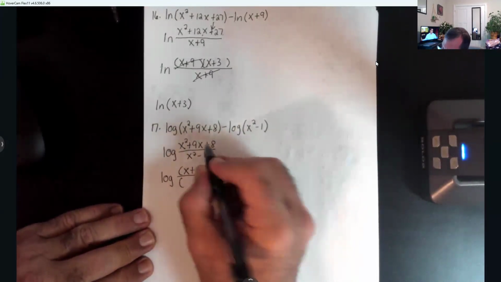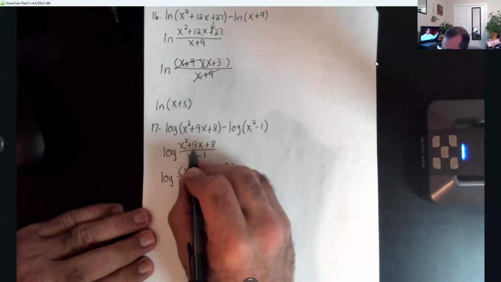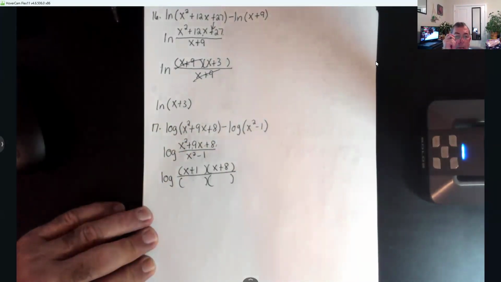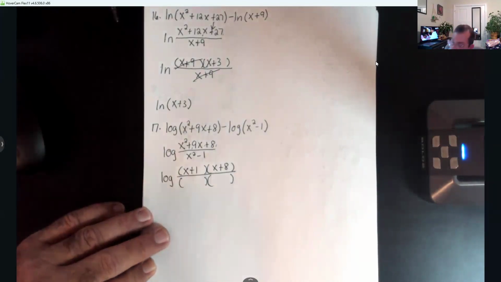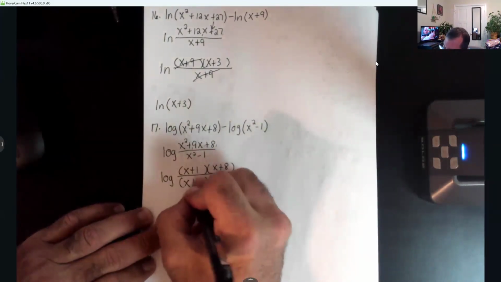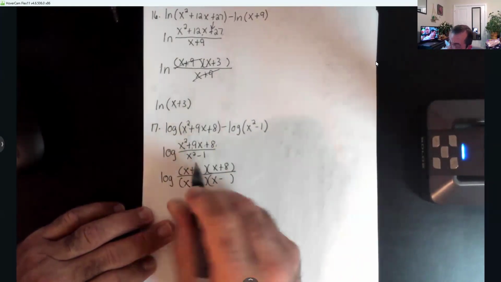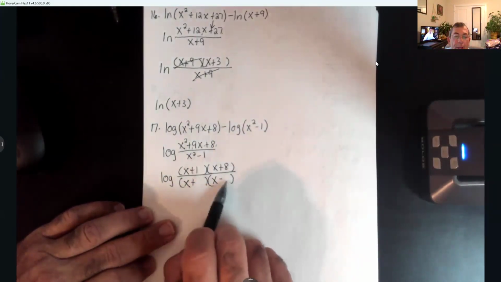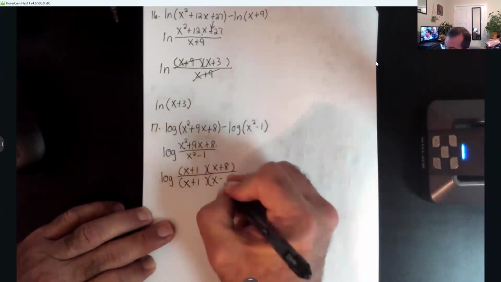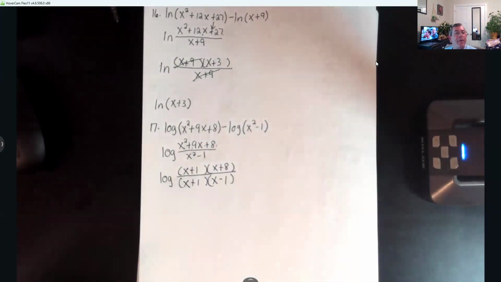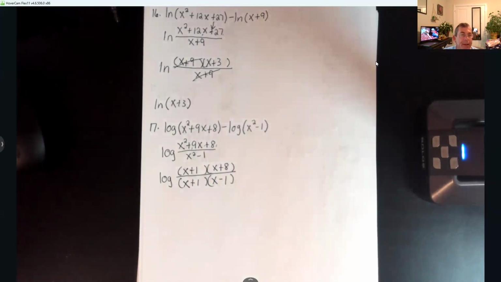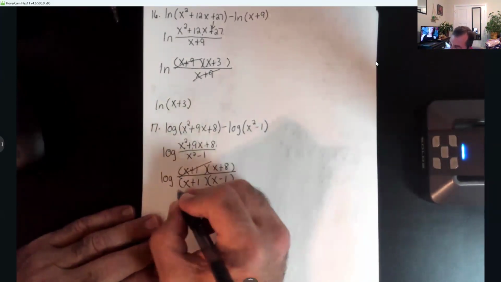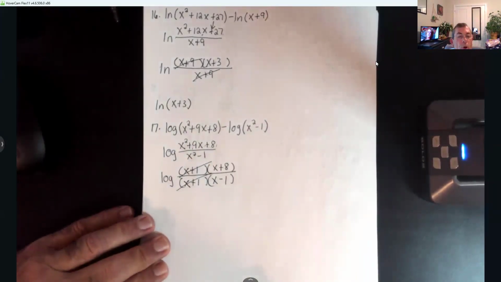So the last sign's positive. Both of my factors were positive like the middle, and factors of 8 that equal 9 were 8 and 1. And good job. The bottom was the difference of perfect squares. So x squared is an x and an x, and then the square root of 1 is a 1 and a negative 1. So y'all see what's happening now, right? This x plus 1 cancels with that x plus 1.